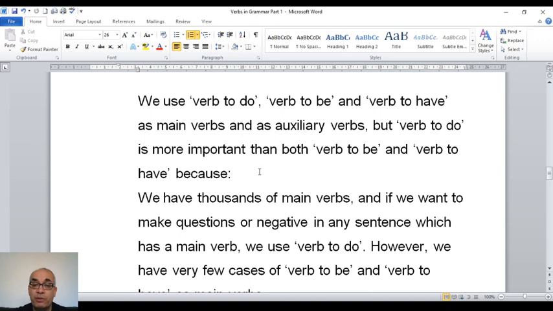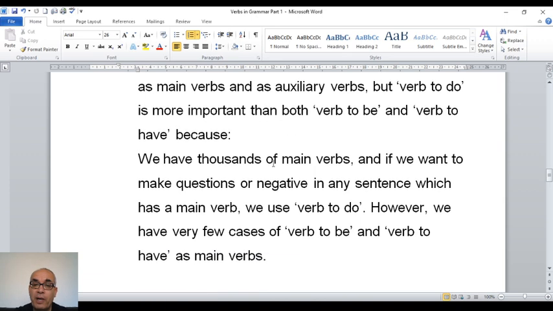Why is it more important? Well, the answer is we have thousands of main verbs. And if you want to make questions or negative in any sentence which has a main verb, we use verb to do. However, we have very few cases of verb to be and verb to have as main verbs.